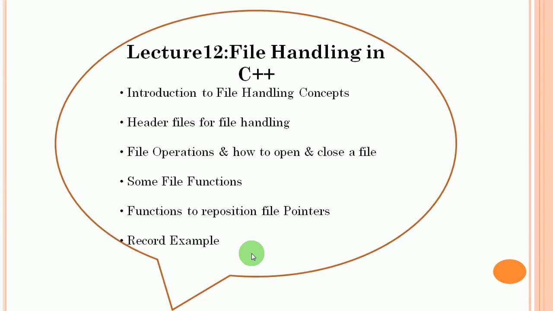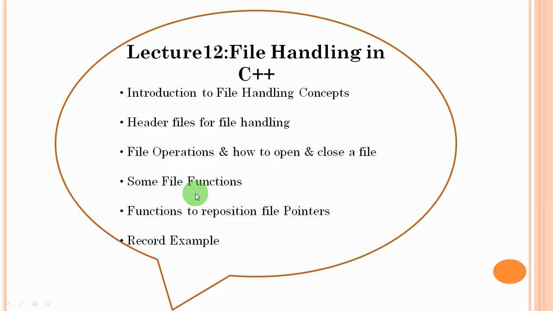So next comes lecture 12. The topic of lecture 12 is file handling in C++. First of all, we give an introduction to the file handling concept, and then we look at the header files used for file handling. Next we have the file operations and how to open and close a file.